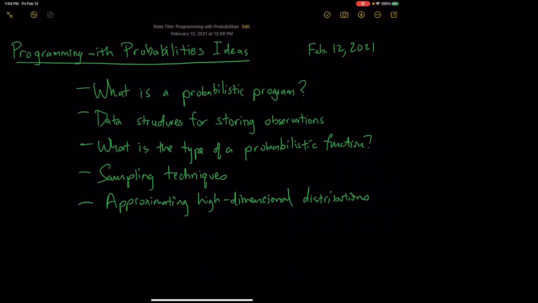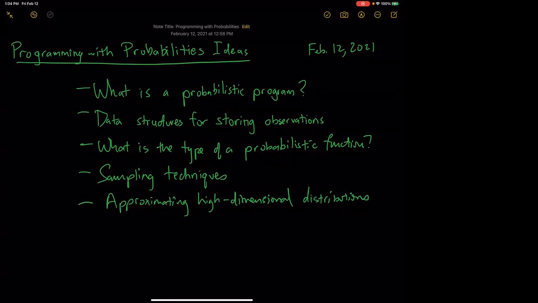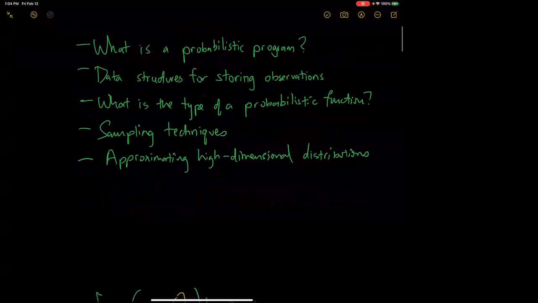And then I want to wrap up with some sampling techniques, so ways to do efficient sampling, just some high-level strategies, and this will just be some review for many of you if you've already seen some probabilistic graphical models or simple random number generators. And then we'll talk a little bit about approximation. So that's the plan. And again, if there are any questions, just feel free to unmute yourself.